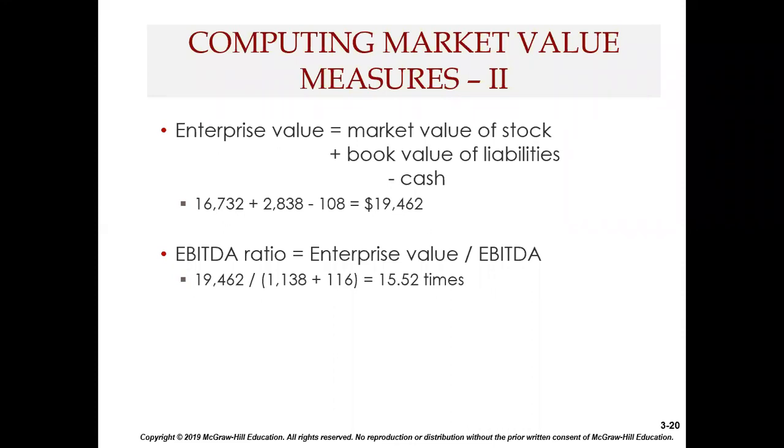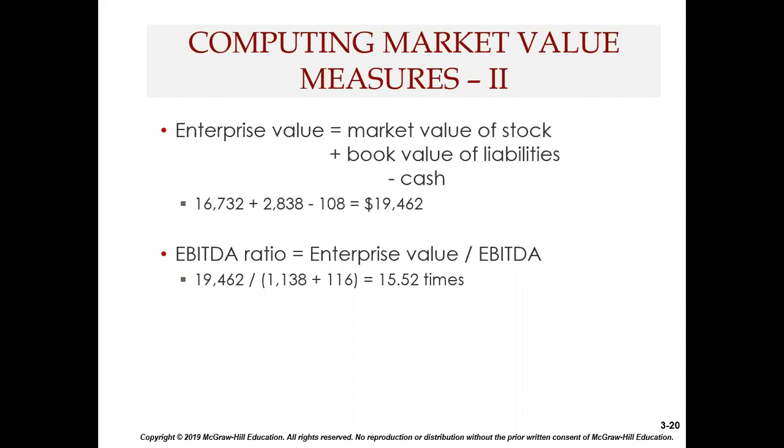So we take that enterprise value we just calculated and divide it by, go to your income statement and get earnings before interest and taxes, and then add the depreciation back, because we want to ignore that. And in market value, you wouldn't record depreciation. So we divide that total in the denominator into the market value.